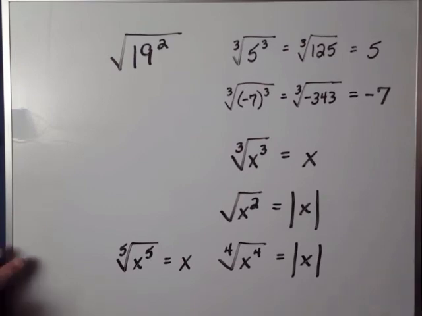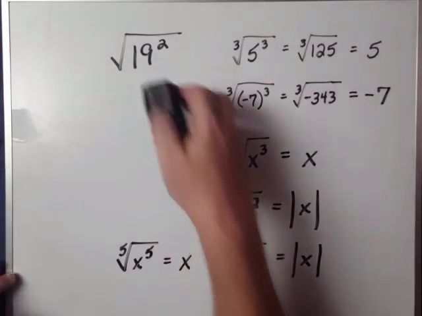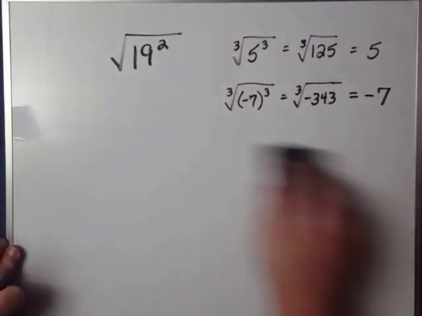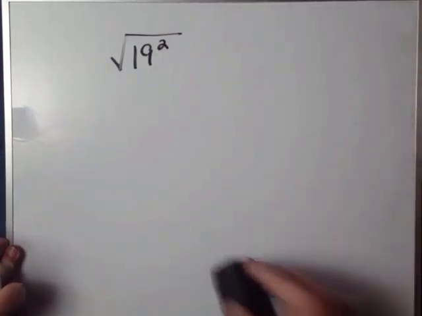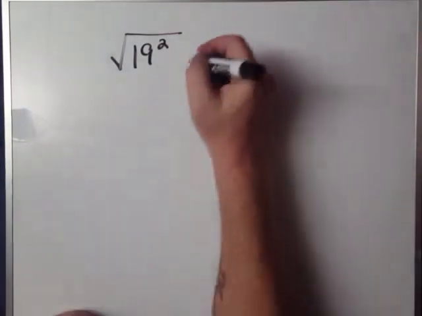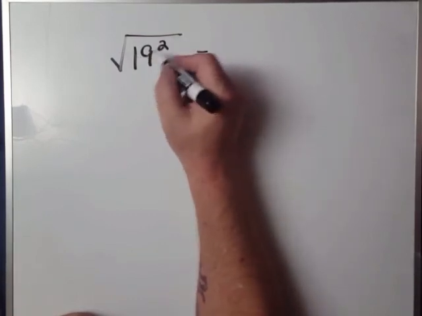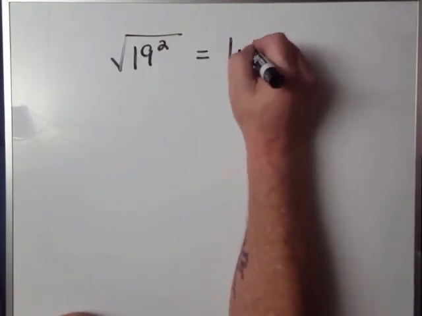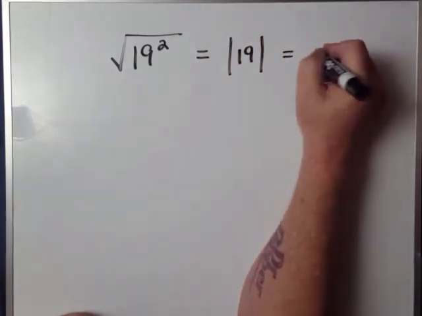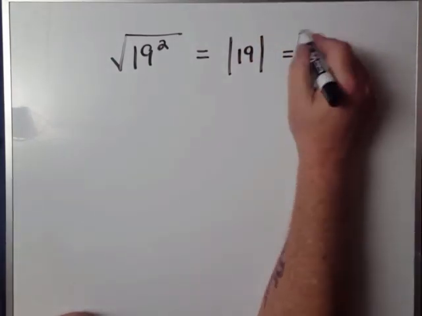Okay, so with that in mind, let's go back to number 112. And if we use the brown box that we just looked at, what she's wanting us to practice is this. The square root of something squared is the absolute value of that something. In this case, it's just simply 19.